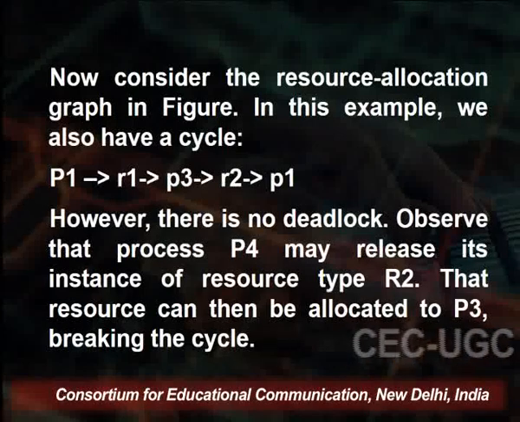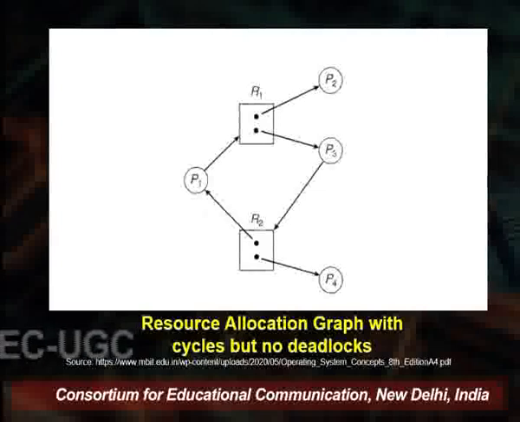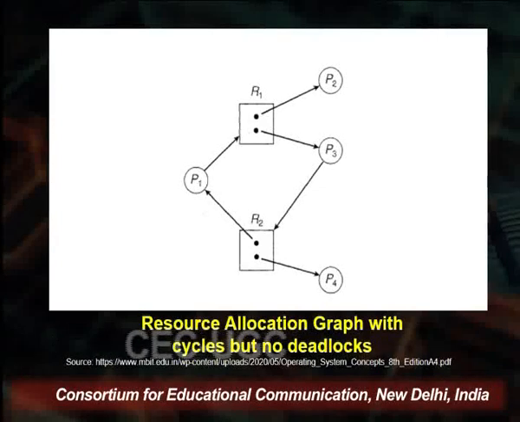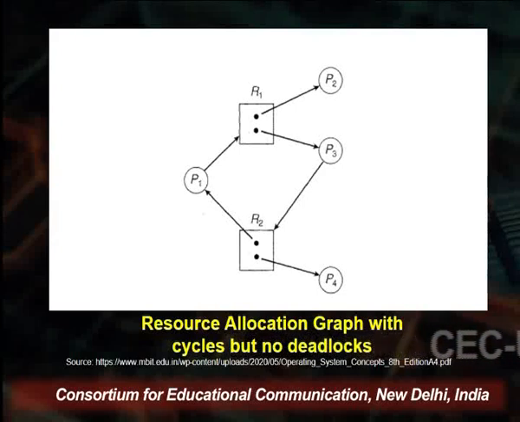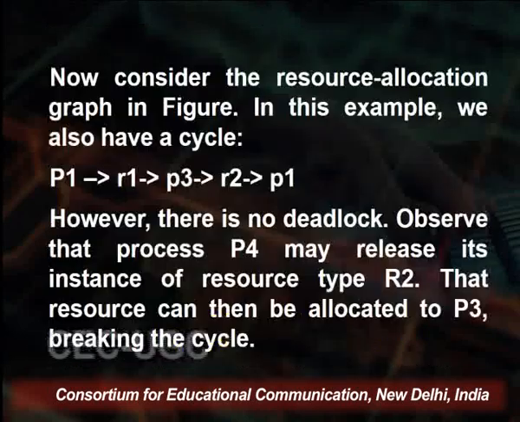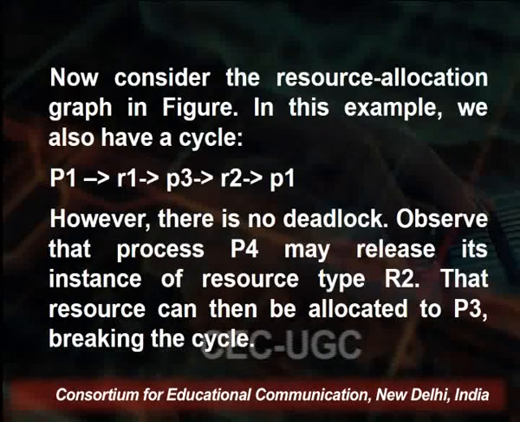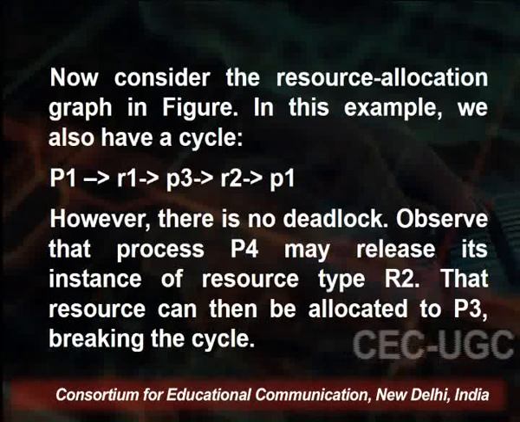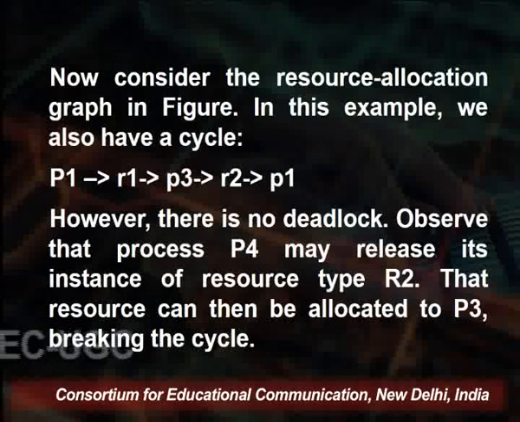So in this example we also have a cycle, starting from P1 to R1, then from R1 to P3, P3 to R2, and then from R2 to P1. So that is also a cycle which is present here. But please notice that there is no deadlock, because the process P4 may release its instance of the resource type R2.